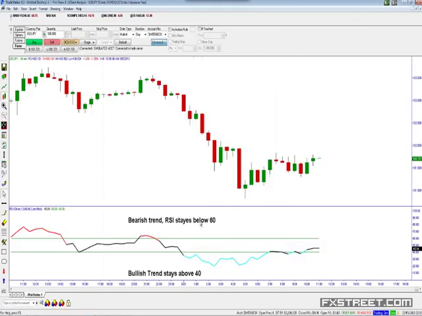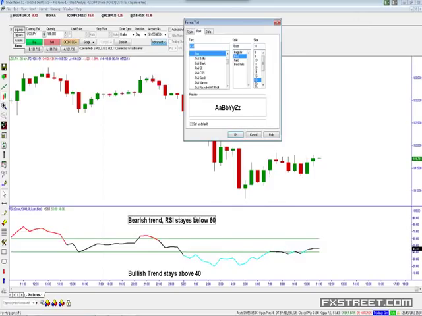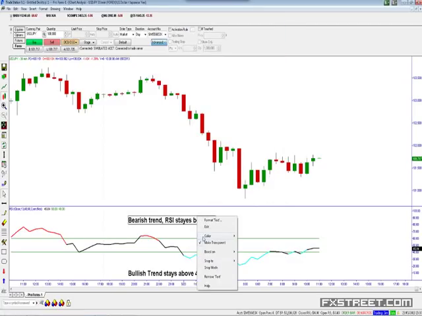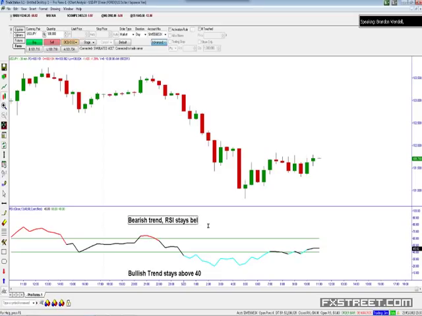So in a bearish trend, if the RSI stays below 60. I realize I put in an E where it doesn't belong there. I'm a perfectionist, I got to change that. It's bothering me. There we go. All right. So if RSI is greater than 60 when I'm looking to go short in a downtrend, then supply is a lie.